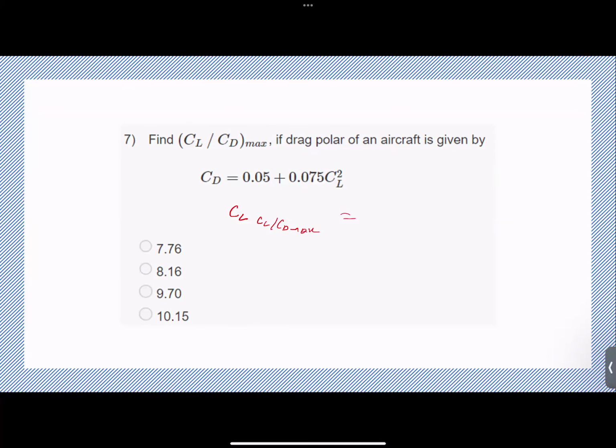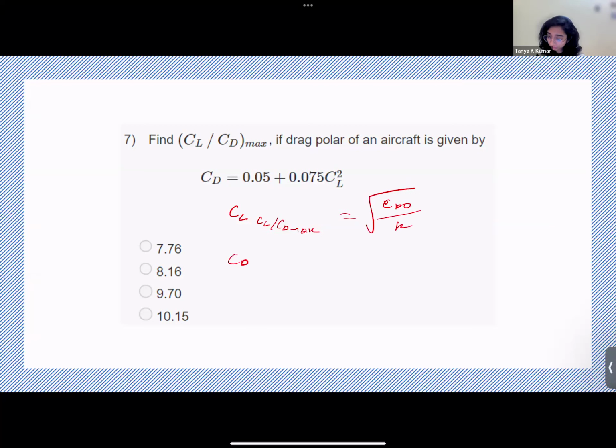Under root CD naught by K, right? CD naught by K. And what was the CD at CL by CD max? Yes, 2 CD naught.